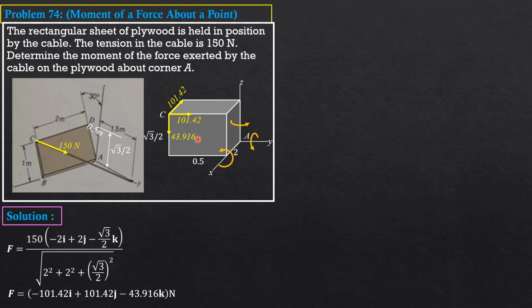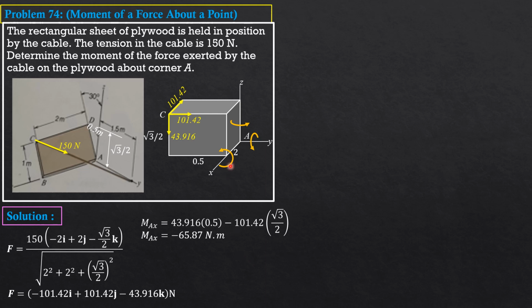So MAX is positive 43.916 times 0.5, then minus 101.42 times square root of 3 over 2. So MAX is equal to negative 65.87 newton meter.